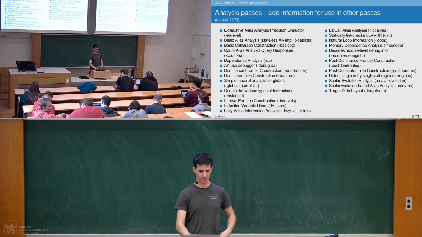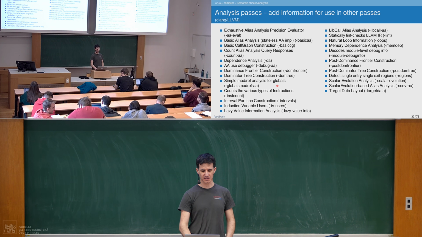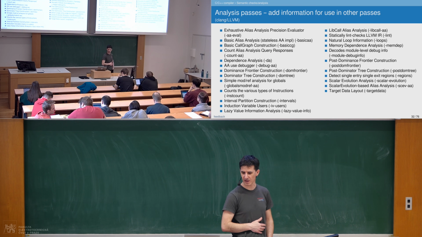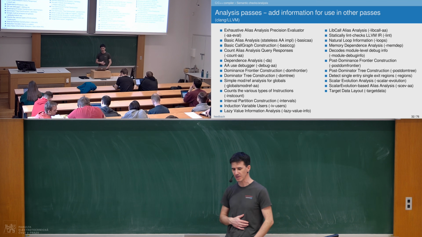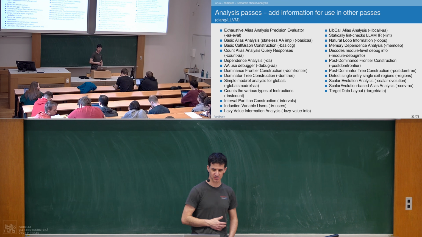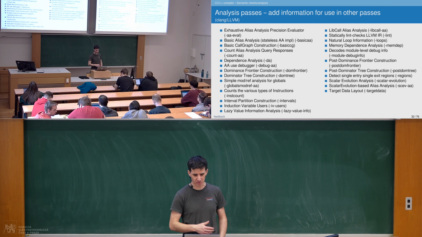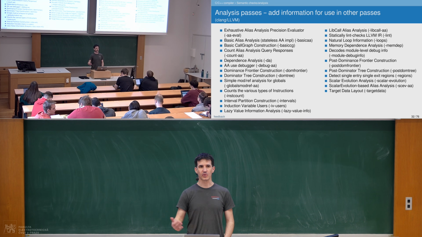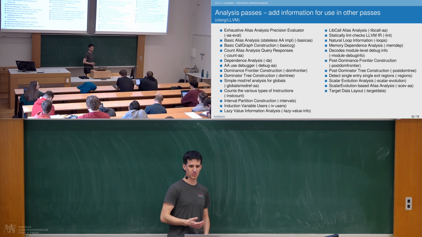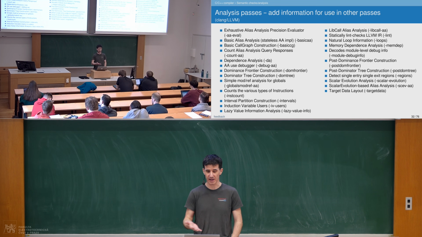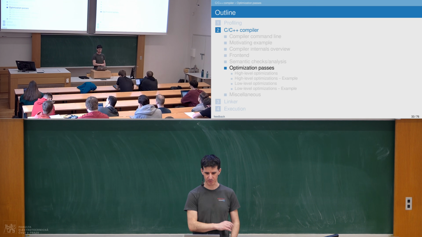These are the analysis passes which were part of some, I don't know, 5-10 year old LLVM. There are quite a lot of them, and each of them would require a slide to explain, so I'm not going to do that. If you are interested, there is a lot of documentation about these. The point of those analysis passes is to give the compiler additional information which is needed for optimization.